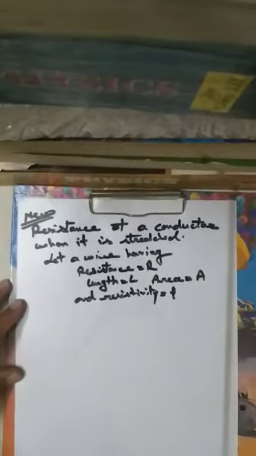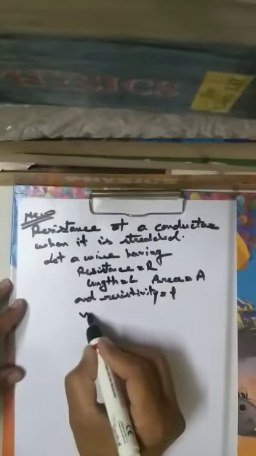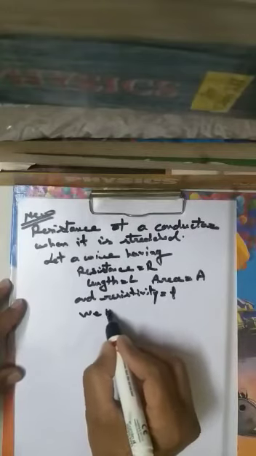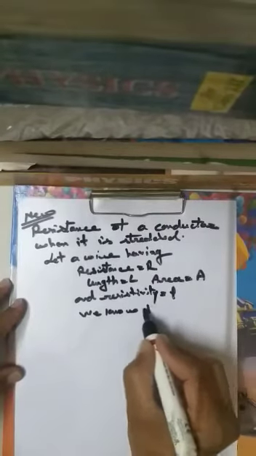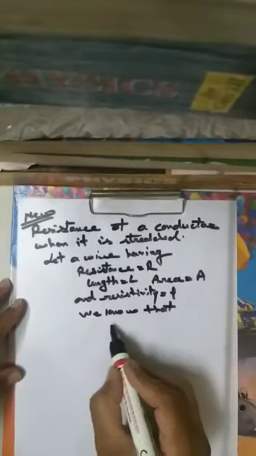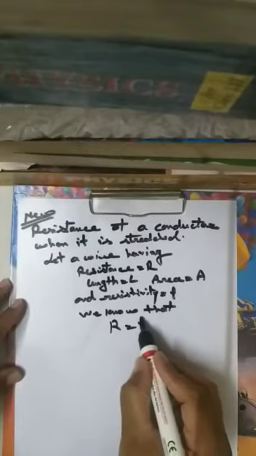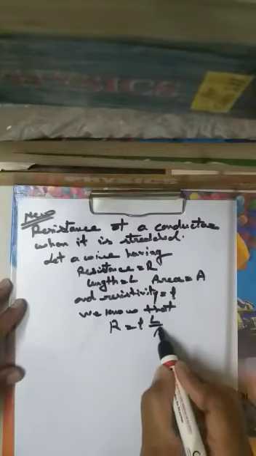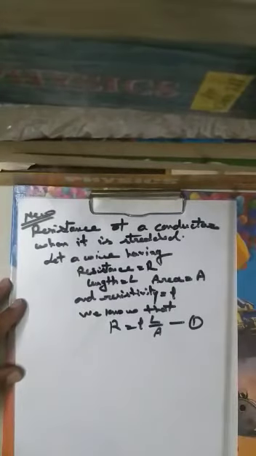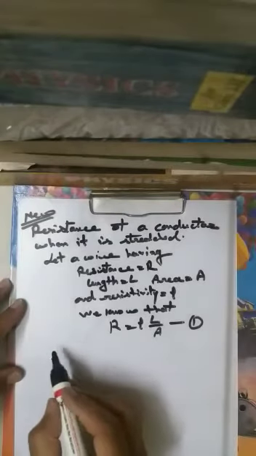Here we assume the wire remains the same. We know that R is equal to rho L upon A.